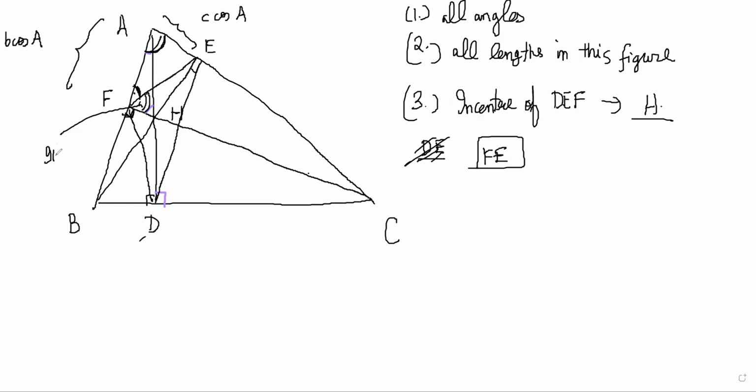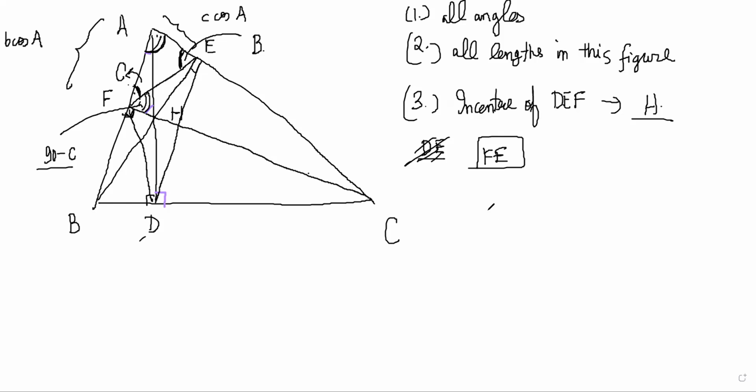Also this will be 90 minus C, and that will be 90 minus 90, that will be C. If this is A, this is C, what is this? 180 minus A minus C, which is B.